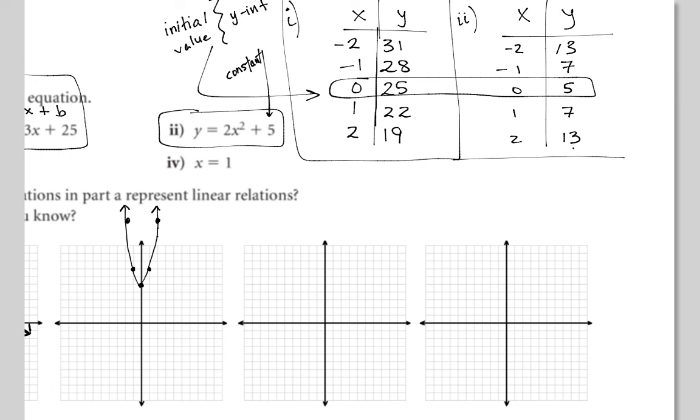They can also go upside down. They can also go sideways. But again, in Math 10, all you would say is nonlinear.